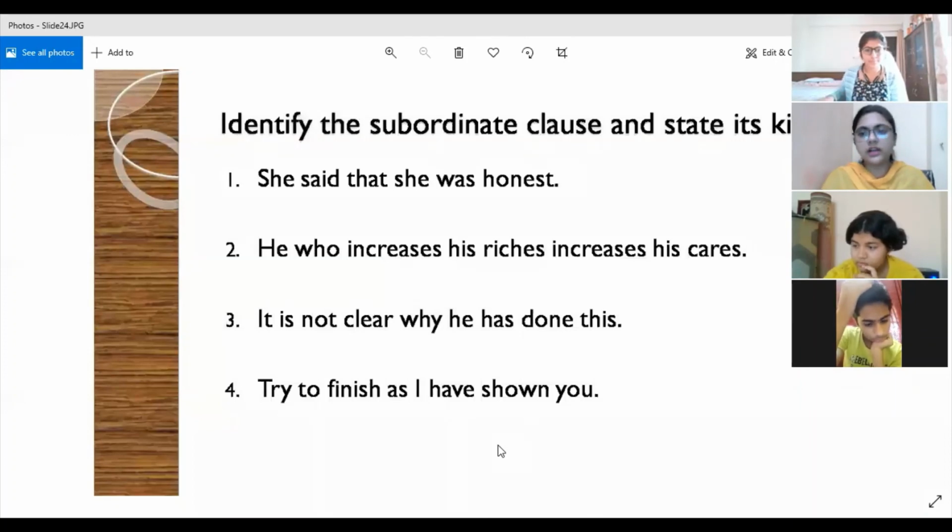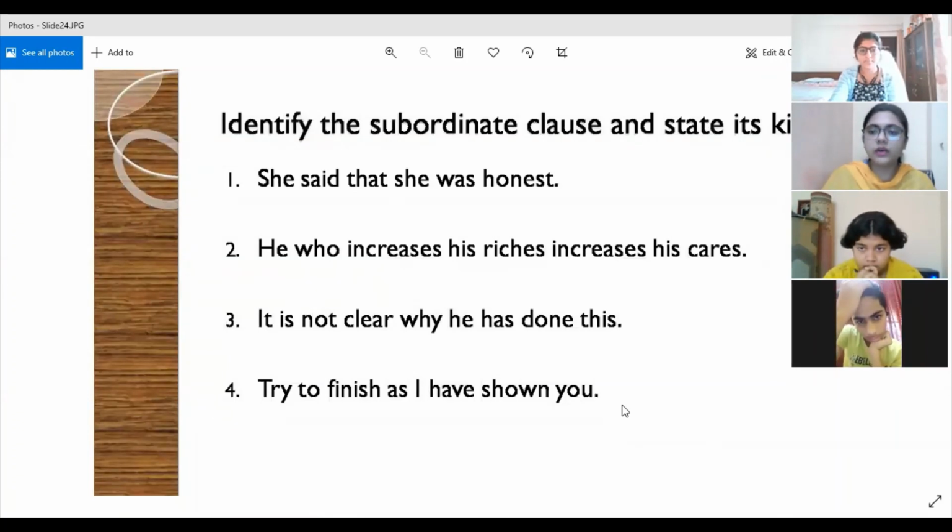Let us practice the elimination method. I have asked you to ask the question what in order to identify a noun clause. So if I ask the question, what should you try to finish? Are you getting any answer? As I have shown you, is it a possible or logical answer to that question? I don't think so. It is not. So what are we left with? We are left only with an adverb clause. So this is by the elimination method.